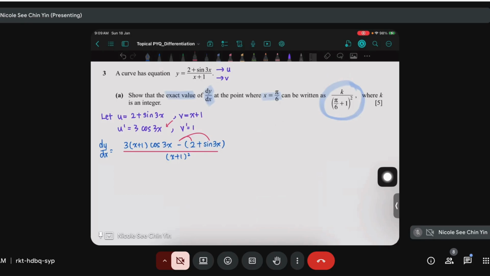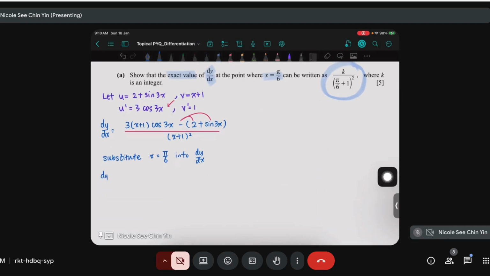Do you need to simplify or anything? I don't think it's needed because they already give you very clearly your k is a constant over (pi over 6 plus 1) squared. So I can immediately just substitute x equals pi over 6 into my dy/dx.